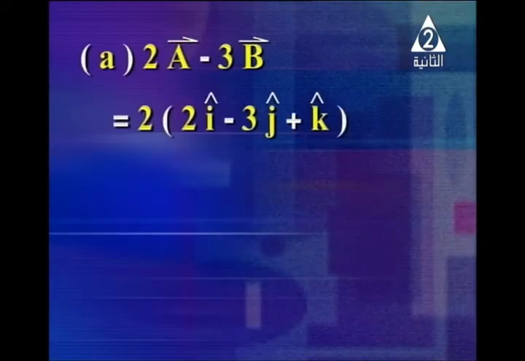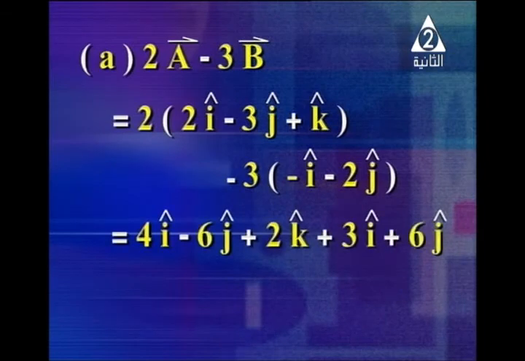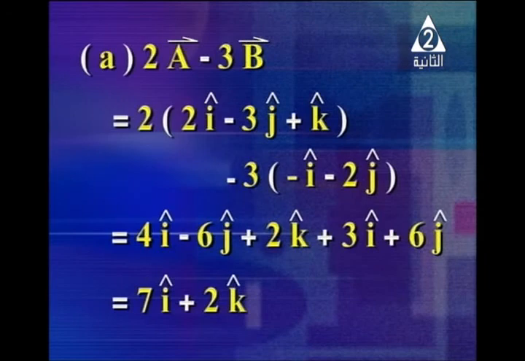Dear student, for 2A vector minus 3B vector, we multiply the constant 2 by each component of the A vector, and multiply 3 by each component of the B vector, then subtract. The answer is 2 multiplied by (2I vector minus 3J vector plus K vector) minus 3 multiplied by (negative I negative 2J vector). The answer is 7I vector plus 2K vector, the result of 2A vector minus 3B vector.